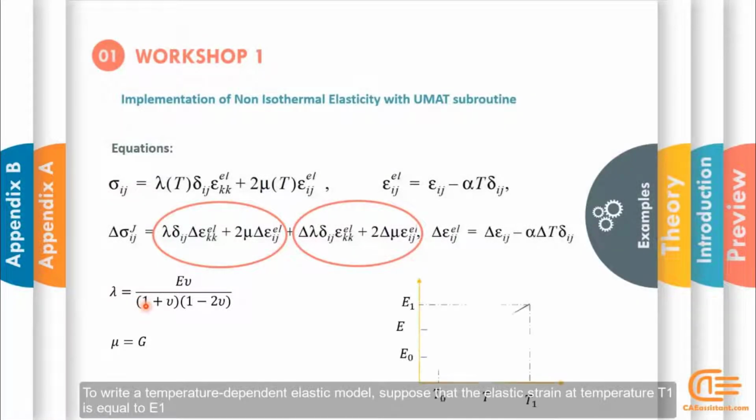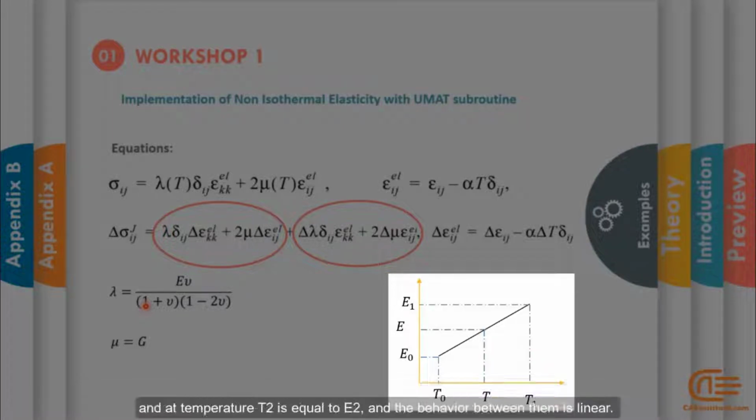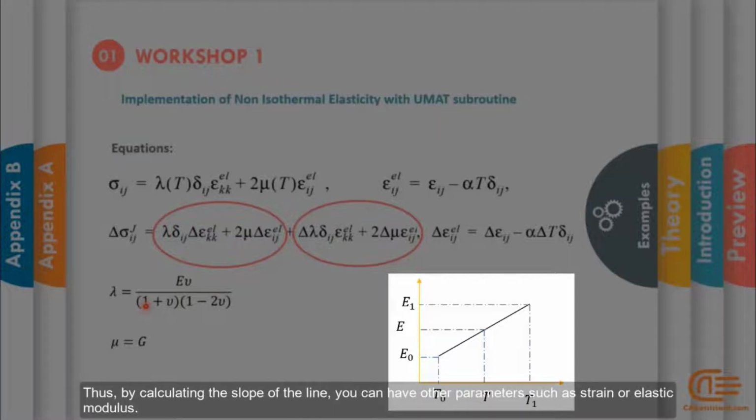To write a temperature-dependent elastic model, suppose that the elastic modulus at temperature T1 is equal to E1, and at temperature T2 is equal to E2, and the behavior between them is linear. Thus, by calculating the slope of the line, you can obtain other parameters such as the elastic modulus.